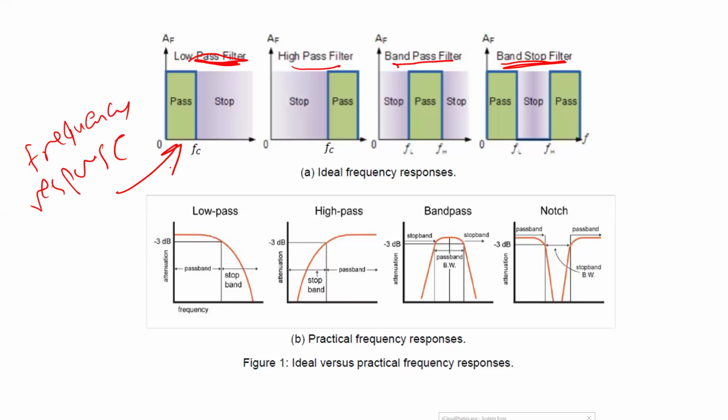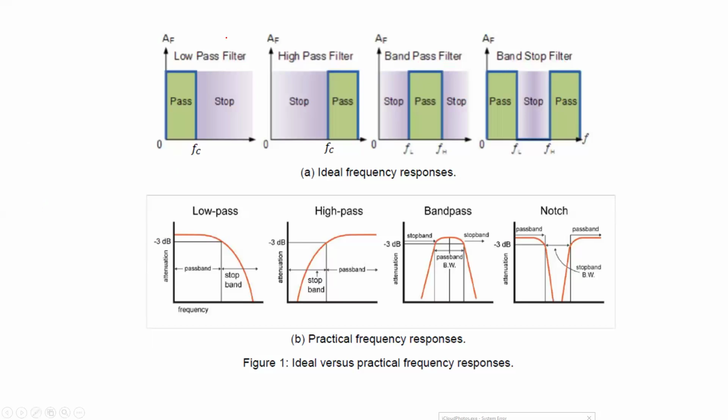This plot can tell you which frequencies the circuit can pass and which it can block. As you see here, for example, in low pass, all frequencies starting from 0 until a certain frequency, we call it FC, or cut off frequency. Remember this name, cut off frequency.